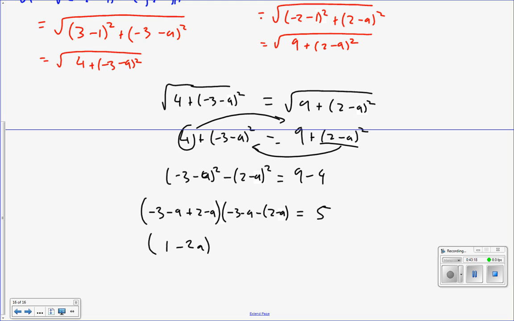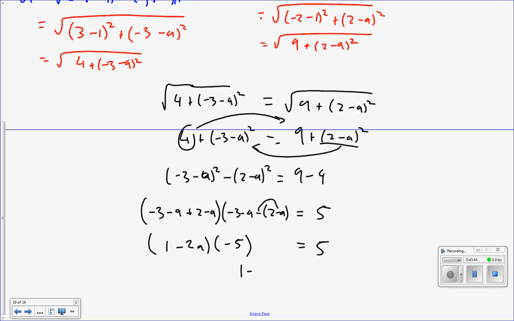And on the other one there, we're going to have negative 3 take 2, which is going to need negative 5. And negative a plus a, because negative times a negative is going to be positive. So we actually remove the a altogether from there. So now, what's the opposite of timesing by negative 5? Dividing.